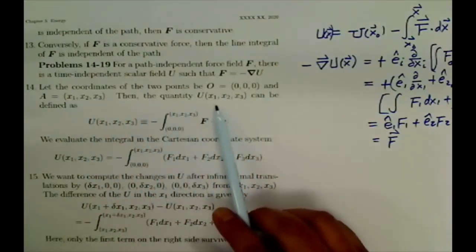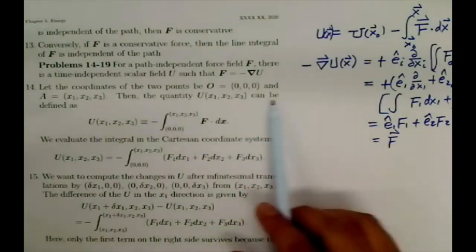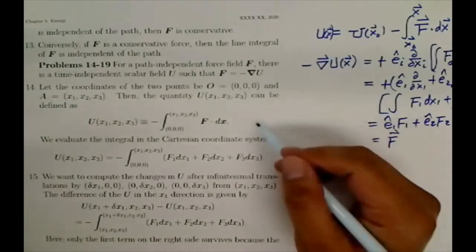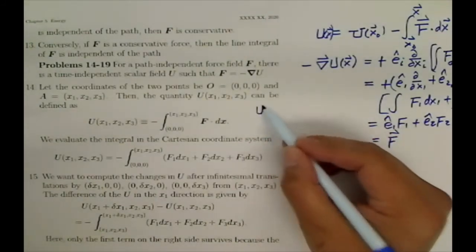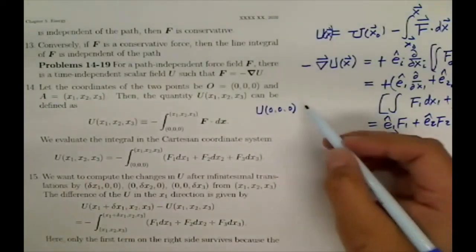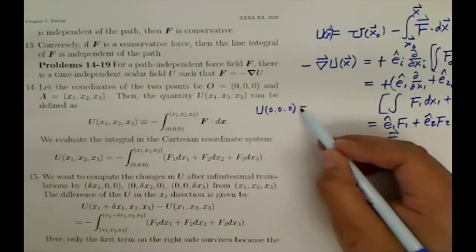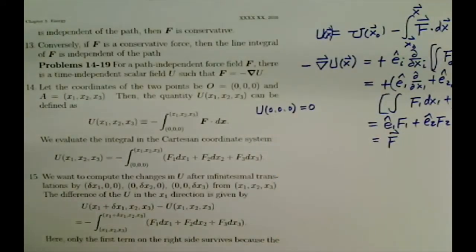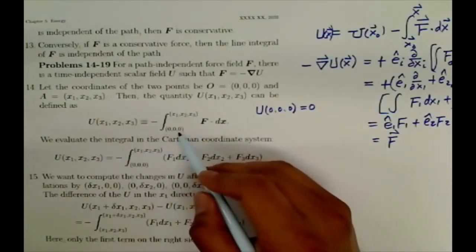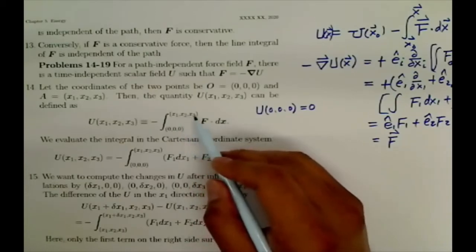Then the quantity U of x1, x2, x3 can be defined as, here we have the reference value for the potential energy to be 0. So it is just the integral from 0, 0, 0 to x1, x2, x3.